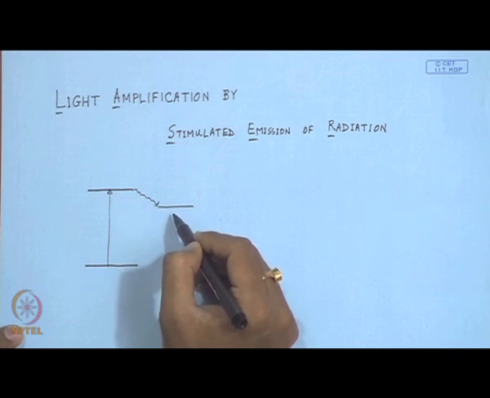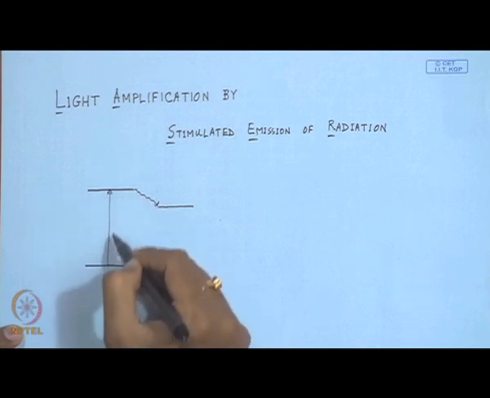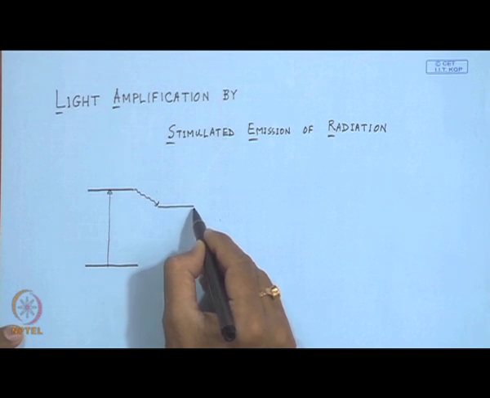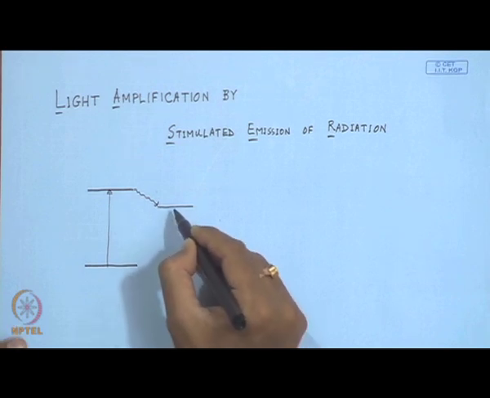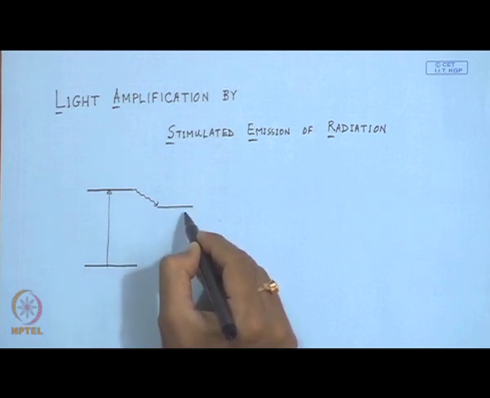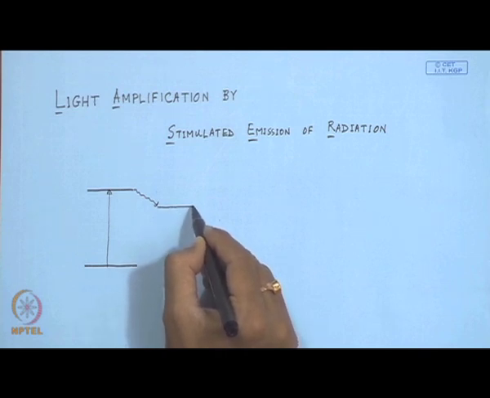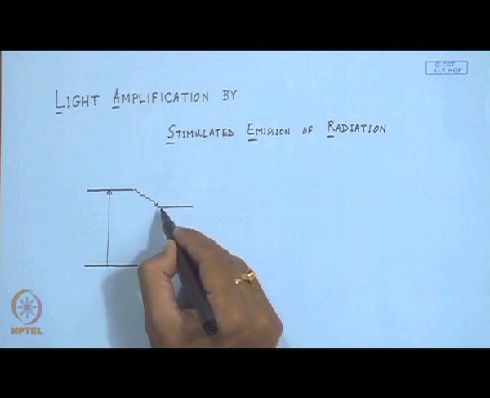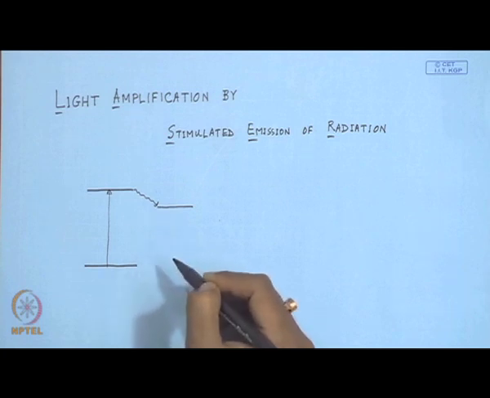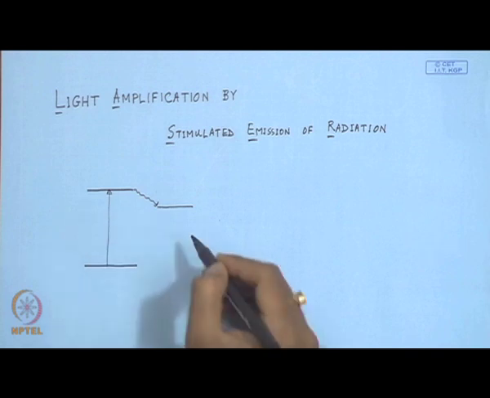At ordinary situation this one is never populated, but because of this roundabout channel, this level gets populated. Under ordinary conditions the population is 0, but because of this optical pumping this level gets some population. So, it is called the inversion of population with respect to when there is no pumping.